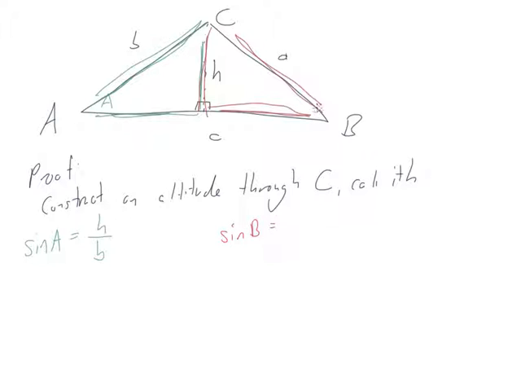Sine B, again, is opposite over hypotenuse. Opposite here is H. I know it's confusing because you like H as hypotenuse, but the opposite here is H for the height of the triangle.